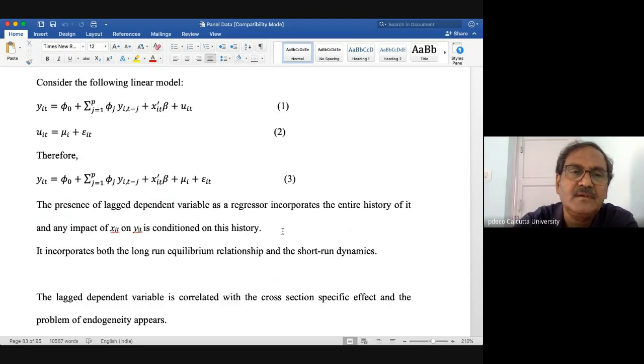Therefore, the dynamic panel data model captures simultaneously the long-run equilibrium relationship along with the short-term dynamics.